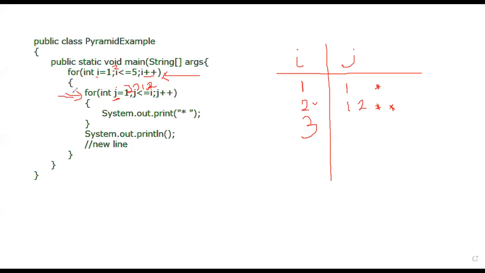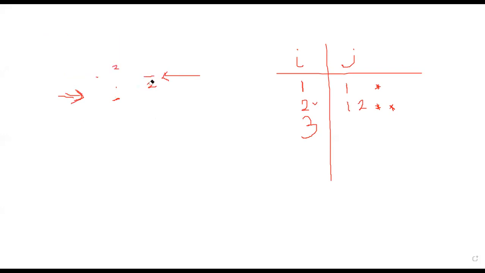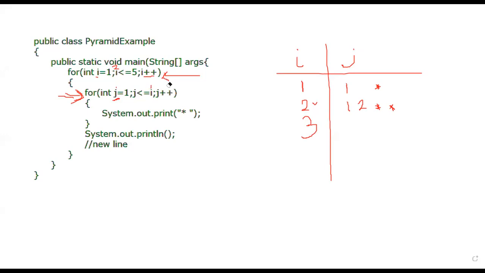Then it comes back to the j loop and starts from j being equal to 1 again.